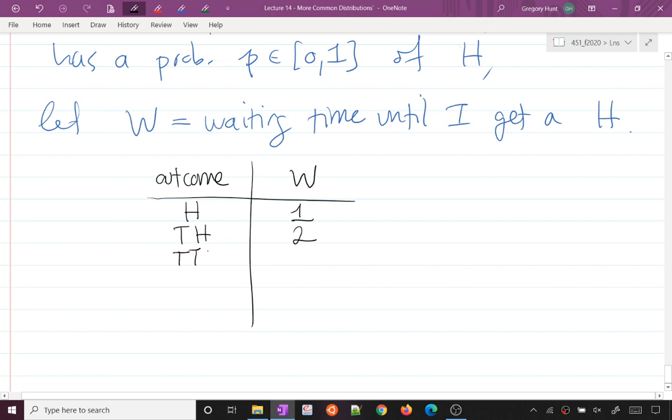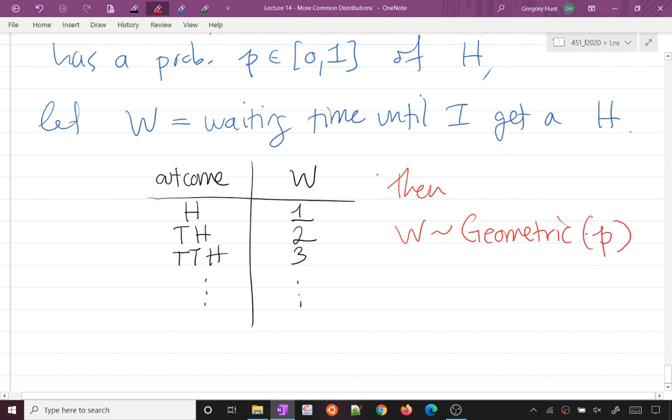If I get a tails, tails, heads, that would be 3, and so forth. If this is the case, if W follows this experiment, then W, our waiting time, is said to have a geometric distribution with a parameter P, defining the probability of success.